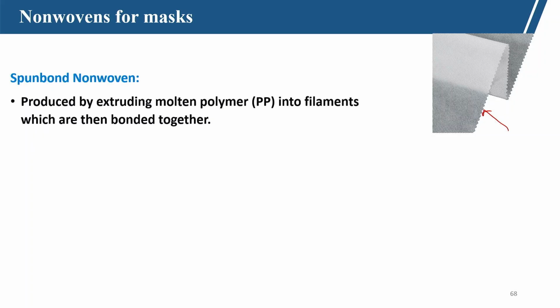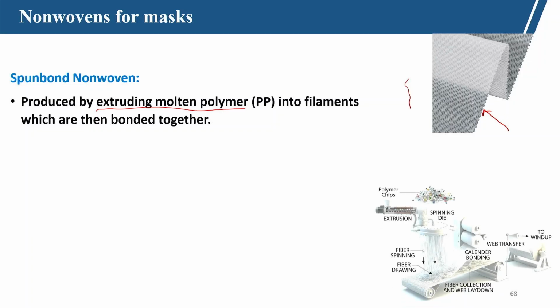In the spun bond process, polymers are extruded through filaments, and they lie on a conveyor belt and subsequently are bonded together.